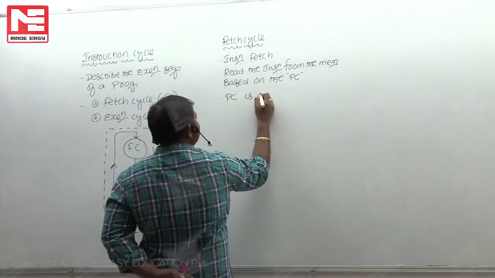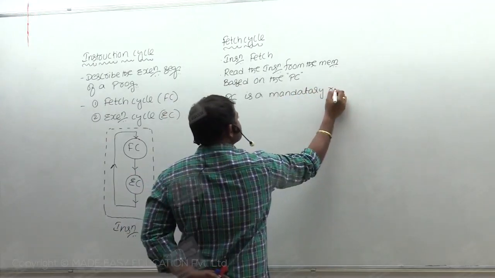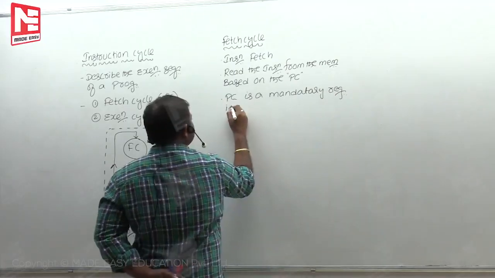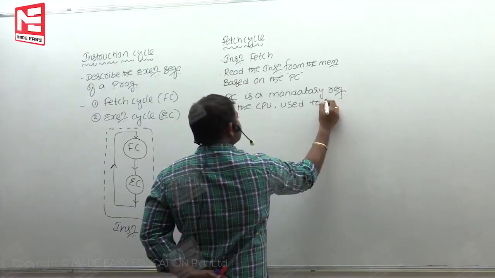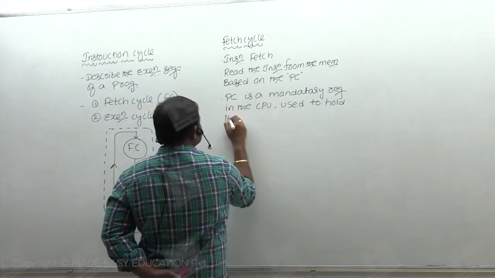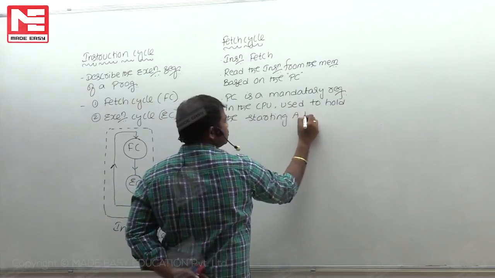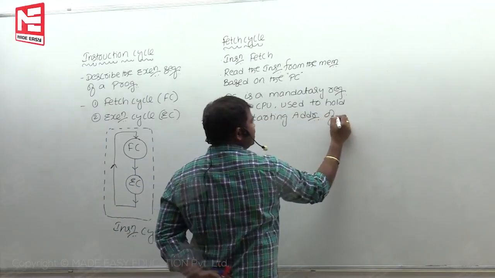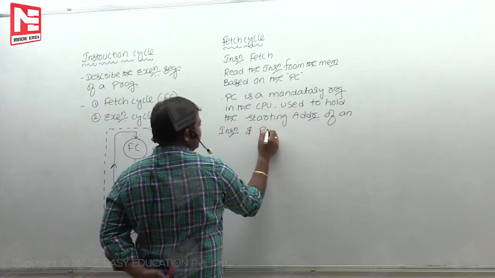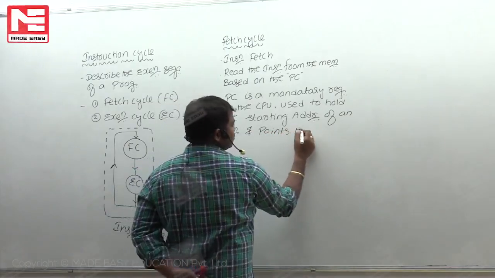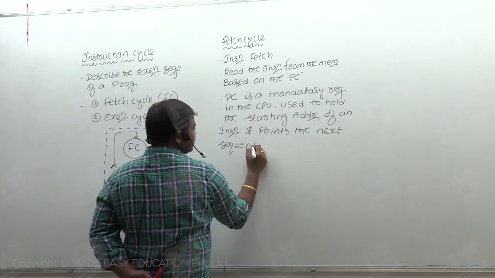PC is a mandatory register in the CPU, used to hold the starting address of an instruction and points to the next sequential instruction address.